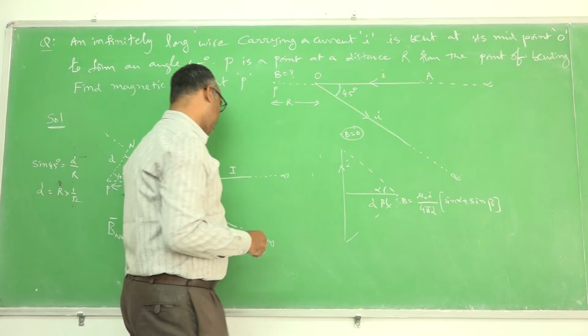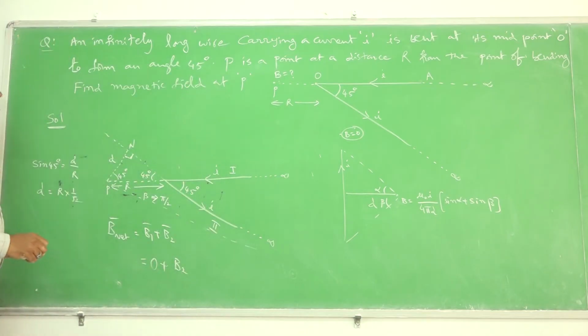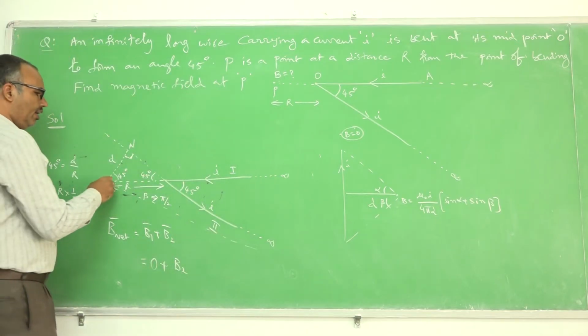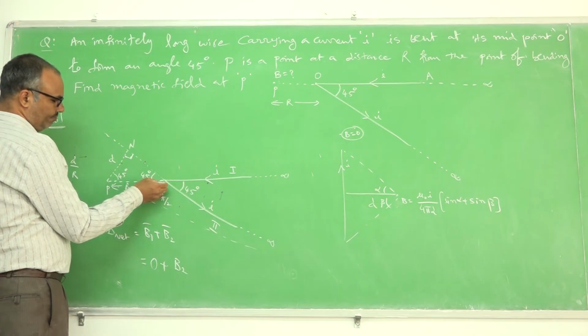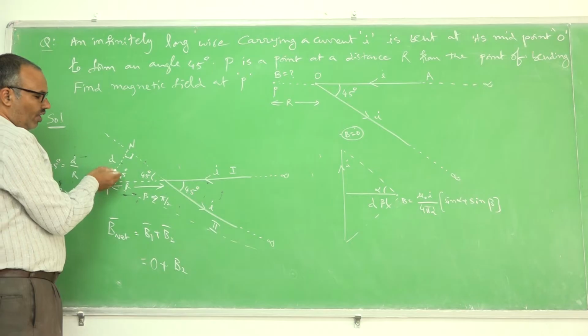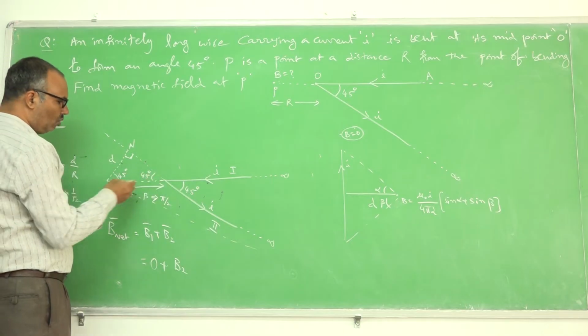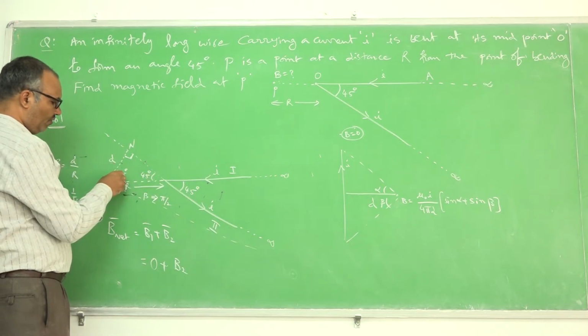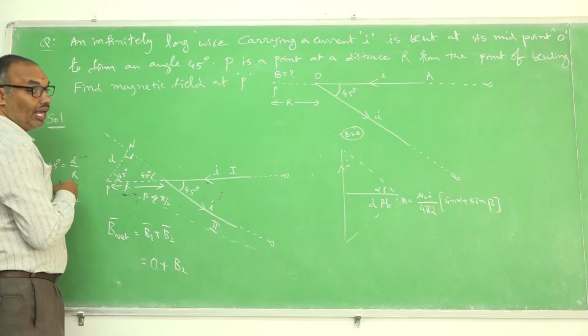What about alpha? Other end is below this. Generally, if it is above, this angle we are measuring here, actually it is below this. It is 45 degrees below the line.